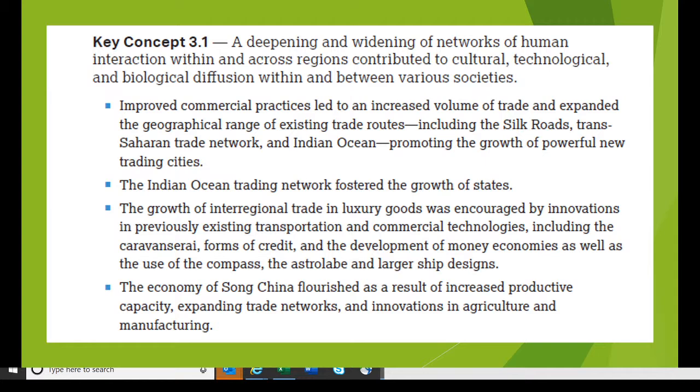Let's annotate this together now, folks, which means I expect you to drop in some examples in the chat. That is going to be relevant for this key concept.